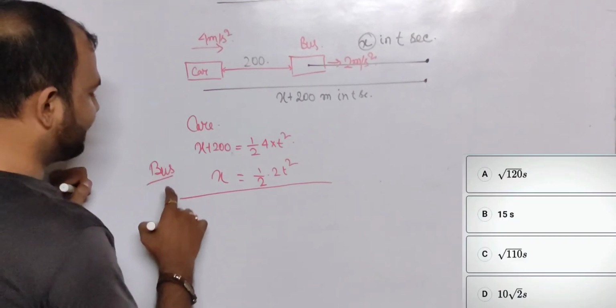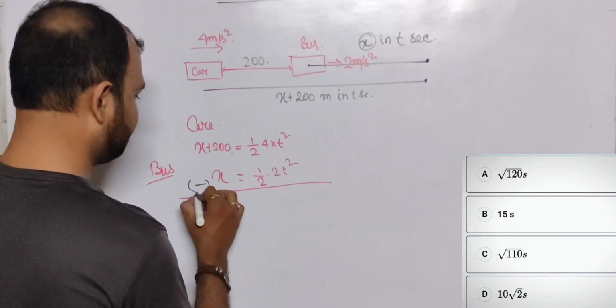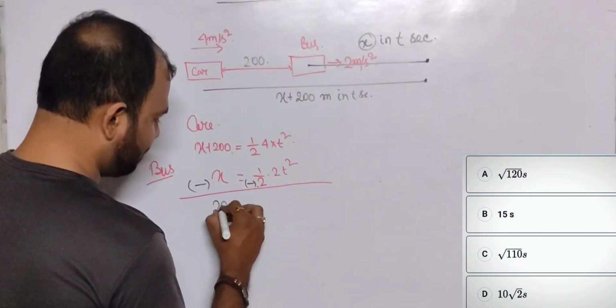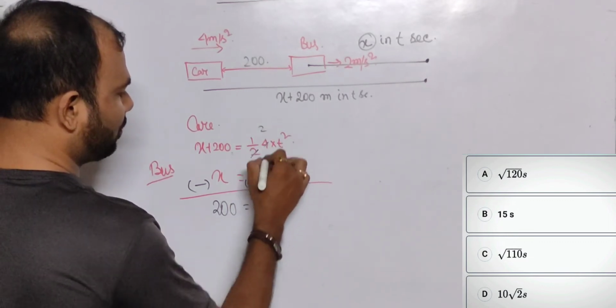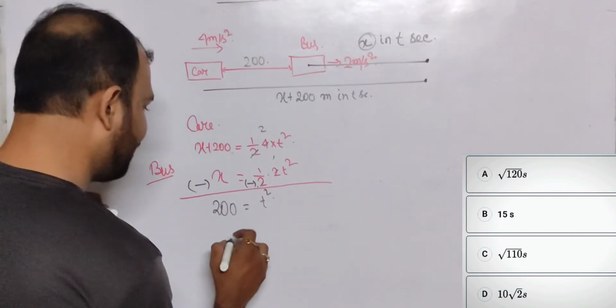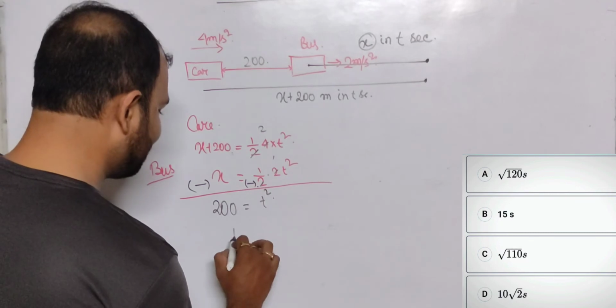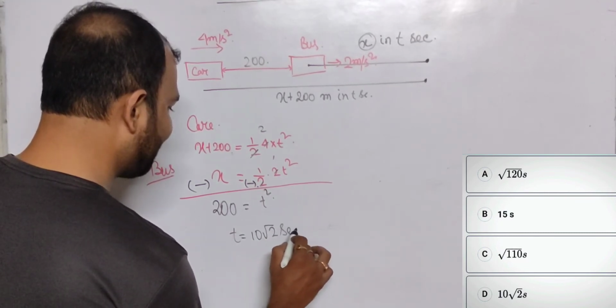If we subtract this equation, x will get cancelled out. 200 equal to, this is 2, this is 1, that is t square. T square equal to 200. So t equal to root over 200, that is t equal to 10 root 2 seconds.